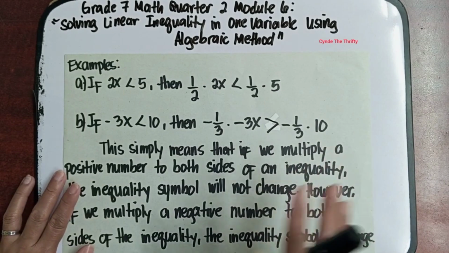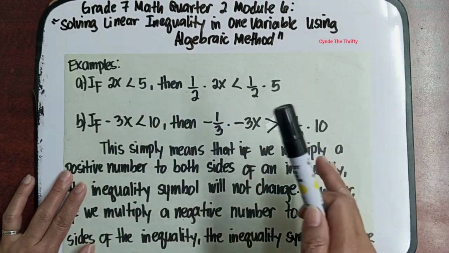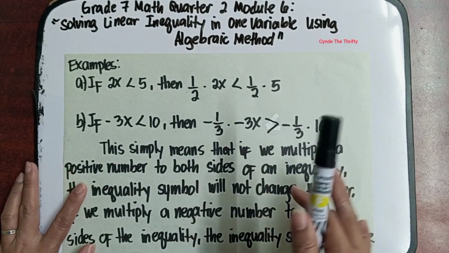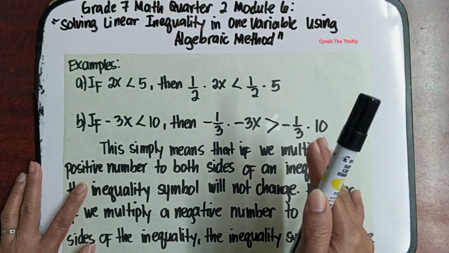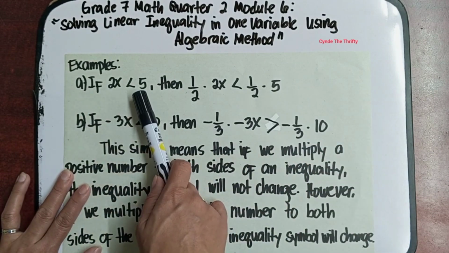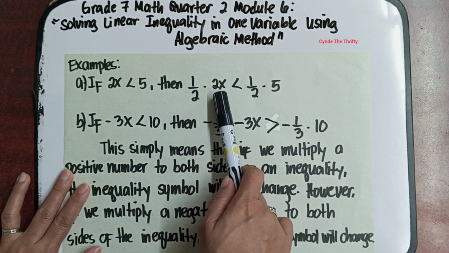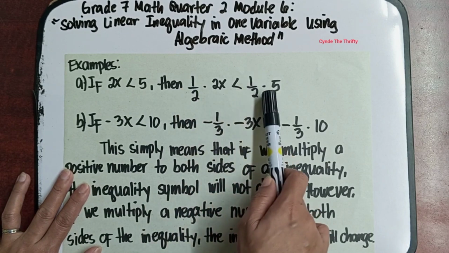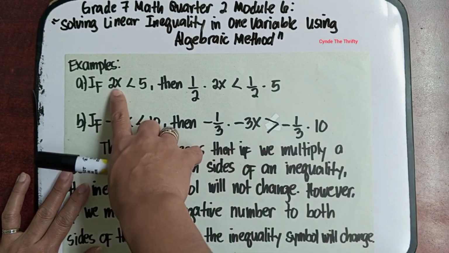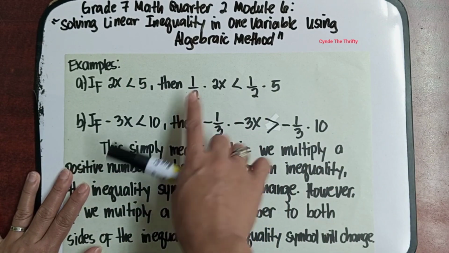Kung variables yung pag-uusapan natin, nalilito tayo. So meron tayong examples para makita natin kung ano ang ibig sabihin ng mga points natin sa multiplication property of inequality. Okay, A. If 2x is less than 5, then 1/2 multiplied by 2x is less than 1/2 multiplied by 5. Ito yung sinabi ko na ang both sides is i-multiply natin pareho sa parehong number.